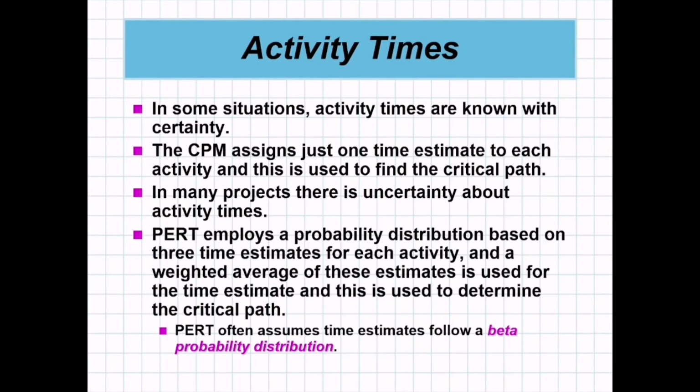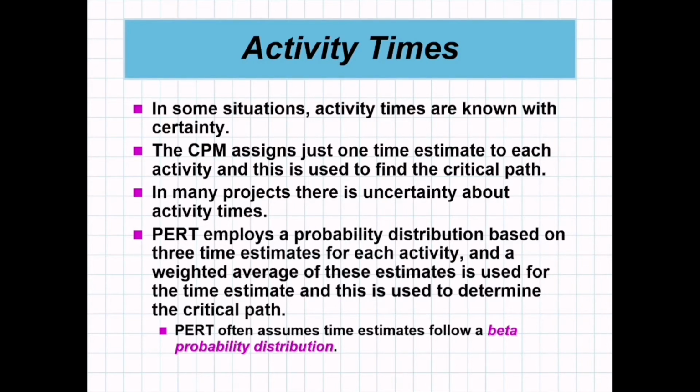In some situations, activity times are known with certainty. When you say certainty, we are sure. However, there are times when activities are not sure. The CPM assigns just one time estimate to each activity, and this is used to find the critical path. In many projects, there is uncertainty about activity time.